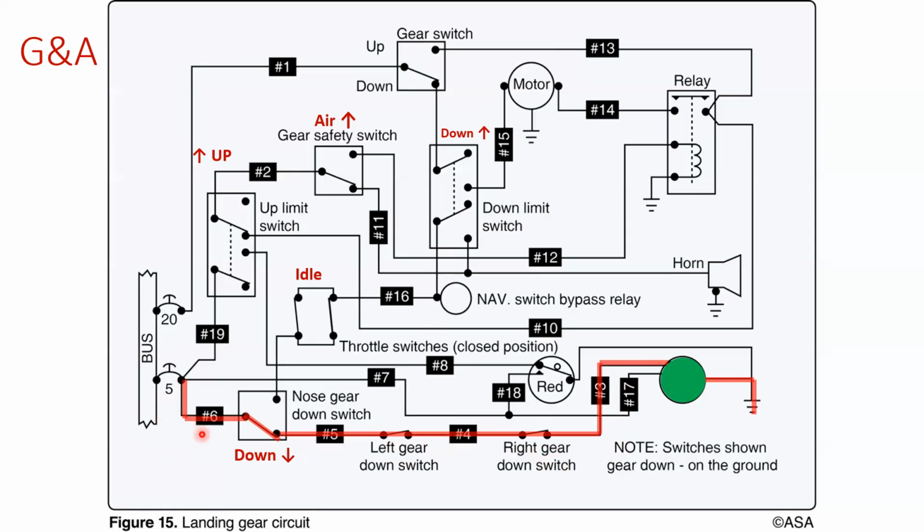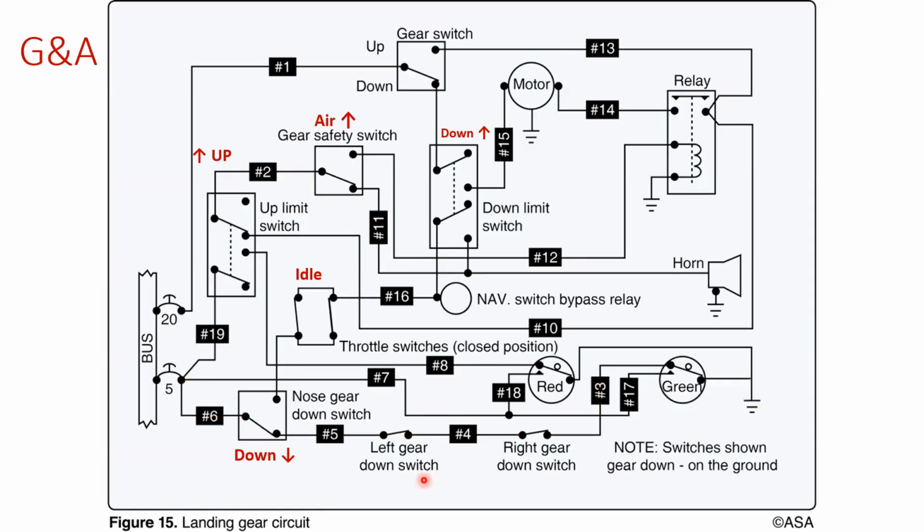And so if all three landing gear are down, then it allows power to continue through the light to the ground source, and the light comes on. So basically, if one of these switches is in the wrong position, no light comes on. So we don't have an individual light for each landing gear on the indication for this one.